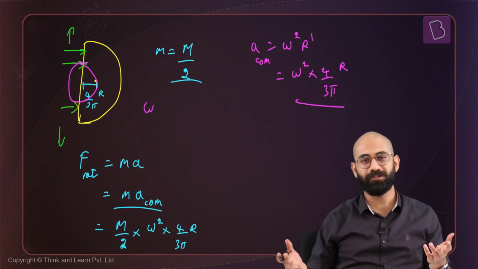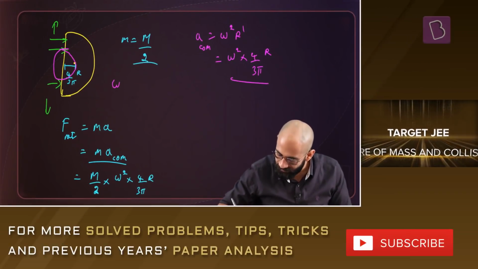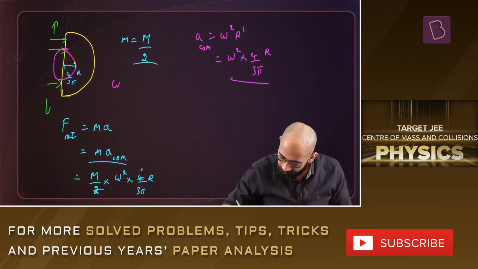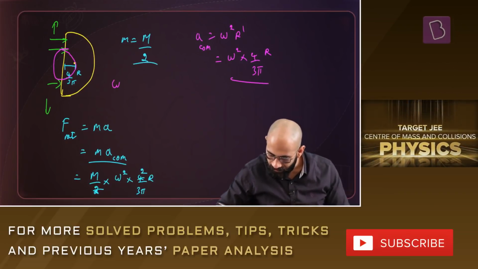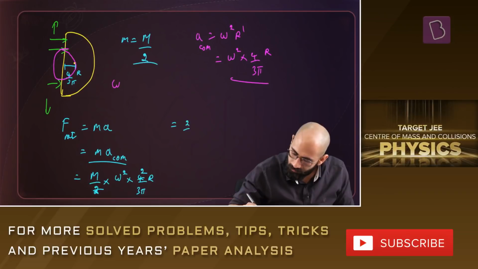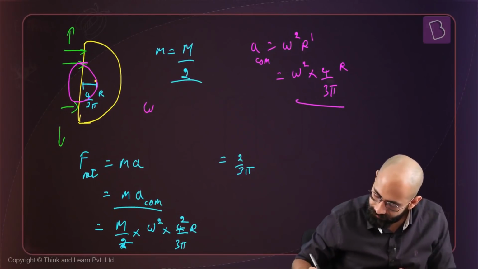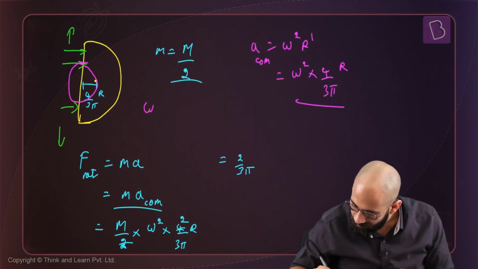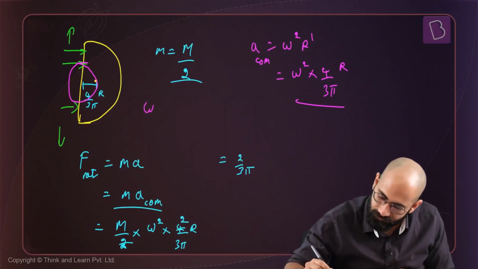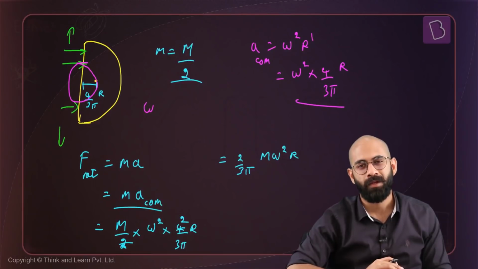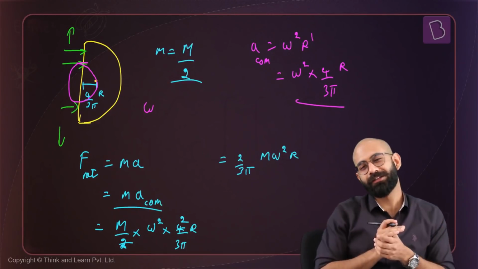So yes, this is your answer. Now you can of course simplify this. The 2 cancels, so we have 2 by 3 pi into m omega squared r. Now this is the final answer. This is the net force.